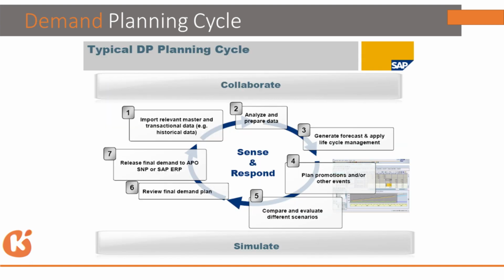The advantage of this tool is that for all the activities in this end-to-end cycle, we can do automation. I can set up jobs or process chains. Every month, first take the sales history data from BW and set up the master data. Then this is the manual part, where demand planners manually do this activity.